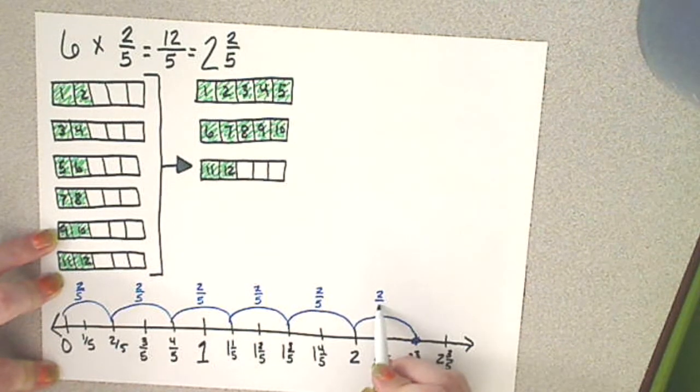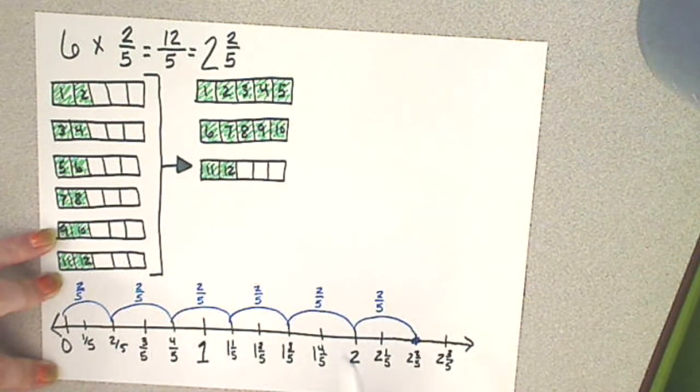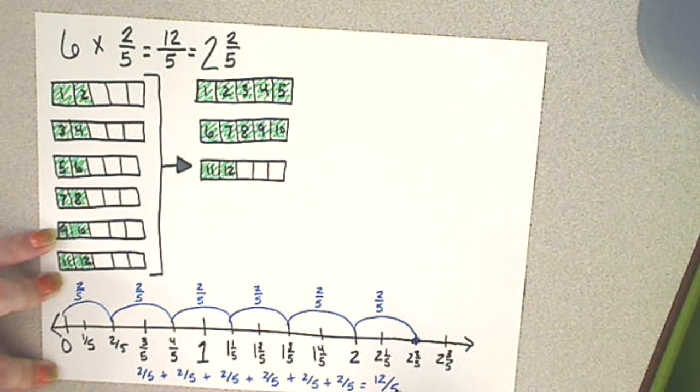And again, we're adding 2/5 6 times. 2, 4, 6, 8, 10, 12 shaded over 5 in each, which also equaled 2 and 2/5.